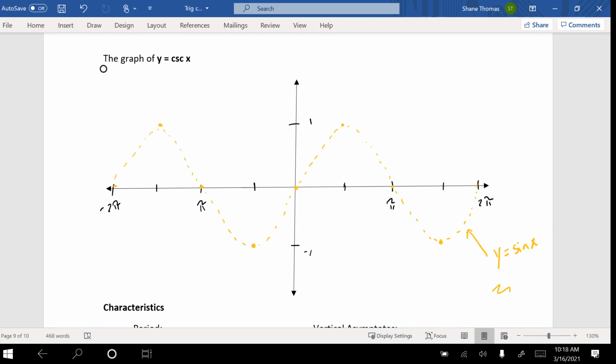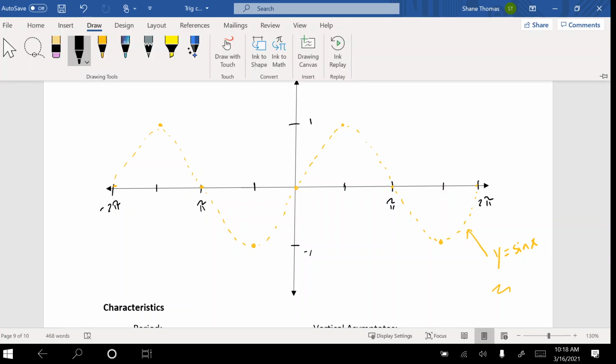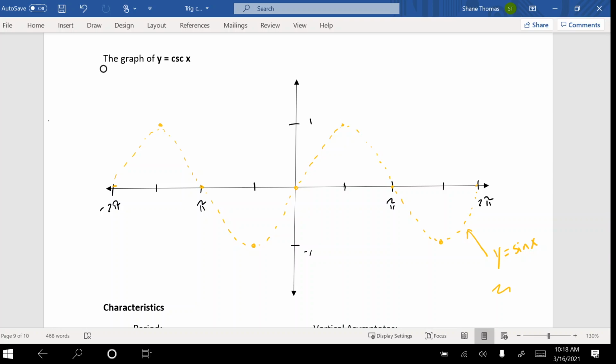Okay, then if I want to graph the cosecant of x, it's going to have asymptotes as well. It's going to have asymptotes everywhere where sine has an x-intercept. Okay, so there'll be an asymptote here, here.